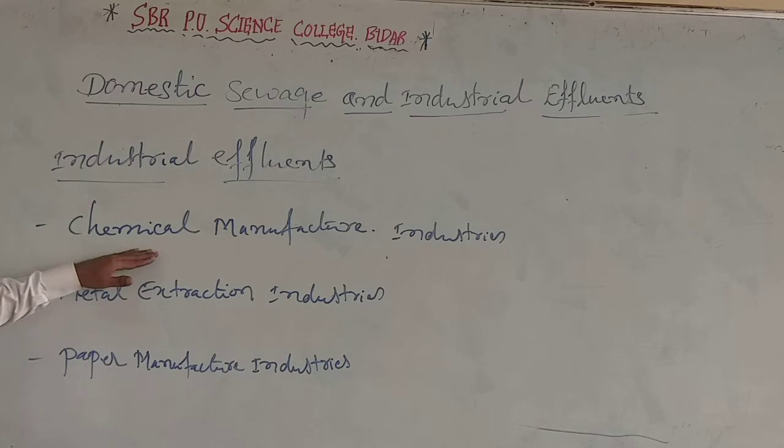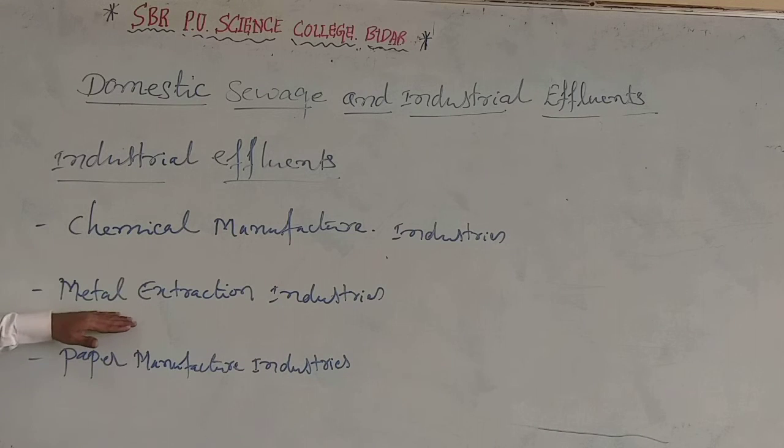So chemical manufacturing industries, metal extraction industries, then paper manufacturing industries. These are the industries that are polluting the water.